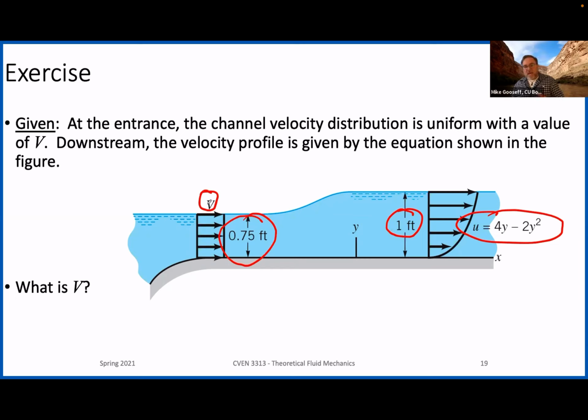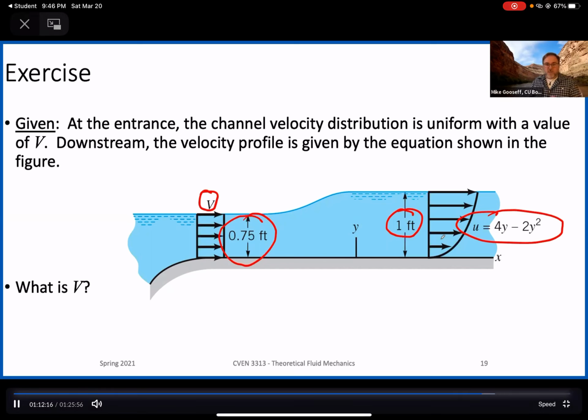On the right-hand side, you're going to have to figure out what the mean velocity is for that profile. And then with your area, just assume the same width, 1 foot across or something like that. There's no indication that it has changed width at all between these two locations. So if you need to calculate an area, you could do this with just some width. You could call that B if you wanted and leave it constant. It might fall out, or you can just assume it's 1 foot.